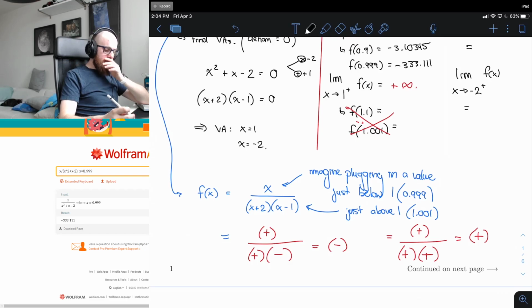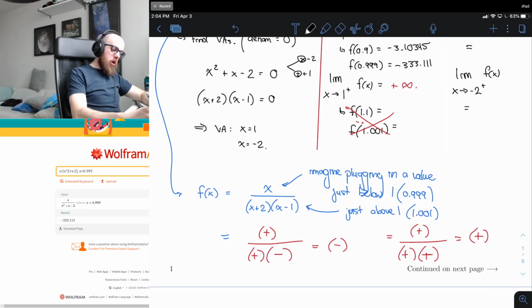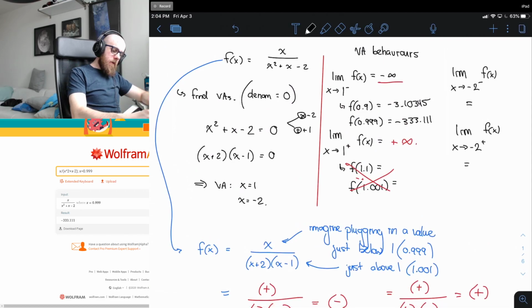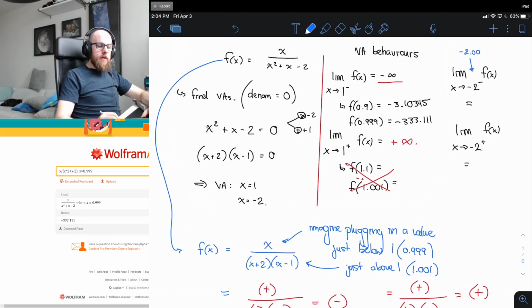For the first end behavior, we imagine plugging in -2.001, something just a little more negative than -2.